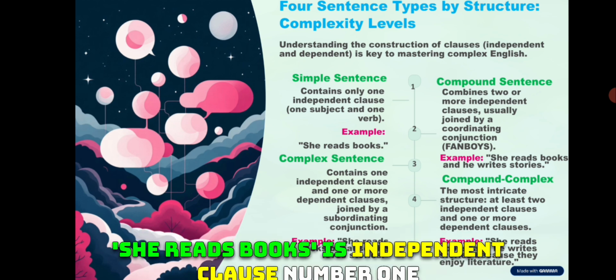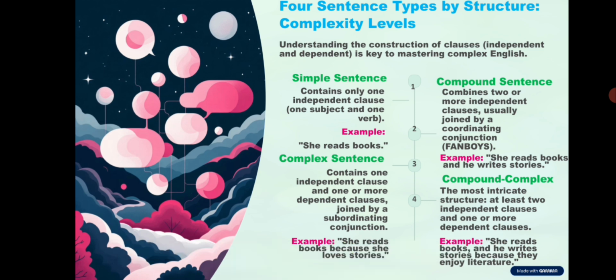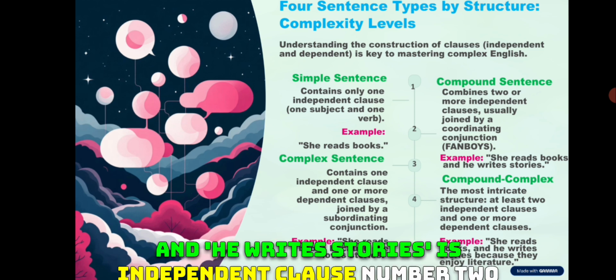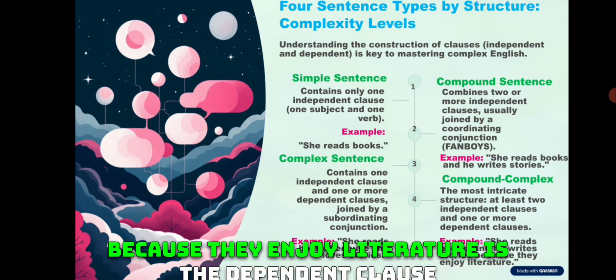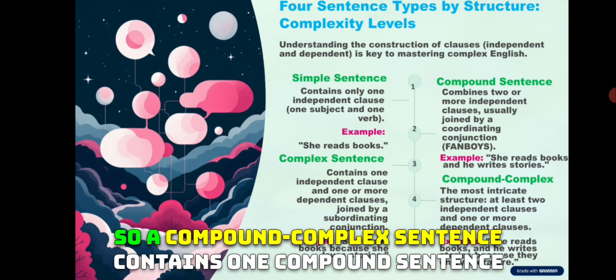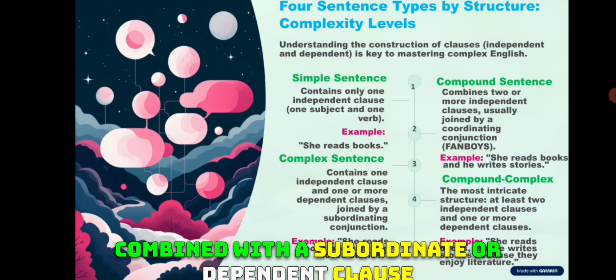She reads books is independent clause number one, and he writes stories is independent clause number two. Because they enjoy literature is the dependent clause. So a compound complex sentence contains one compound sentence combined with a subordinate or dependent clause.